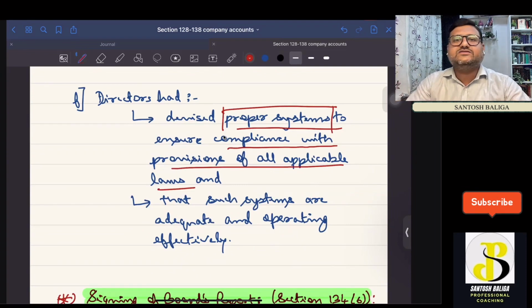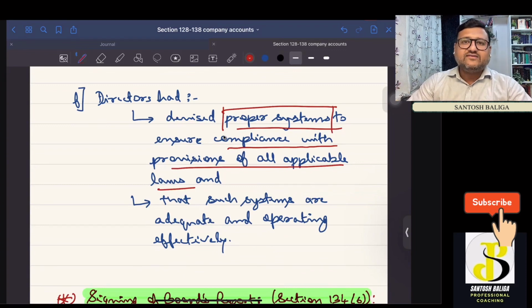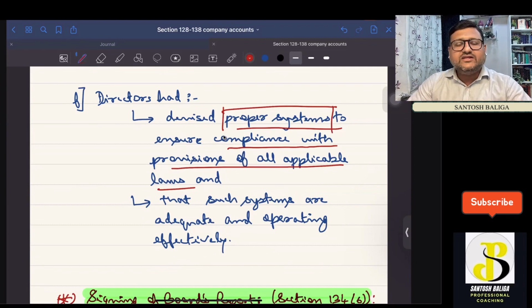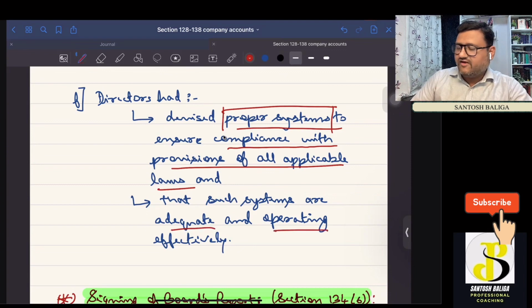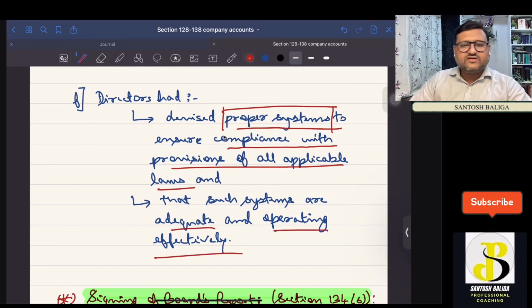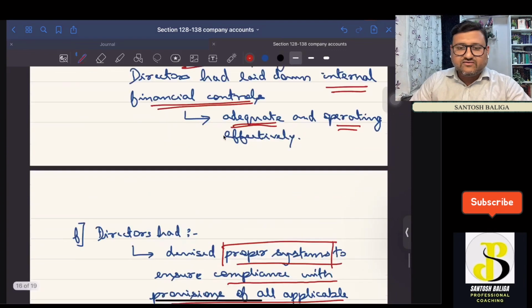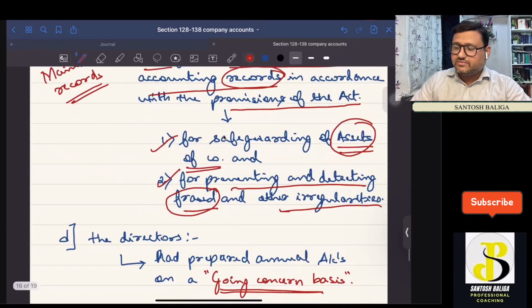So a compliance system has been put in place where there might be a compliance department, there might be some compliance MISs going through, which will ensure that the company is updated with the applicable laws and is complying with all the applicable laws to the company. Okay, and at the same time they say that such systems are adequate and operating effectively. So these are the points which are there within the director's responsibility statement.